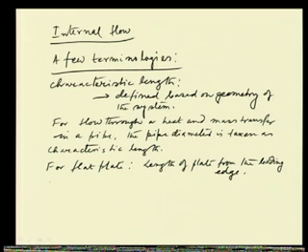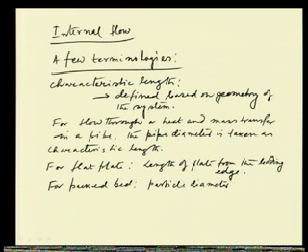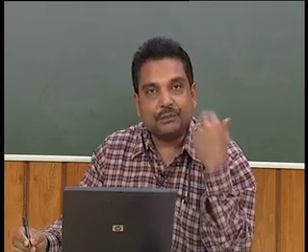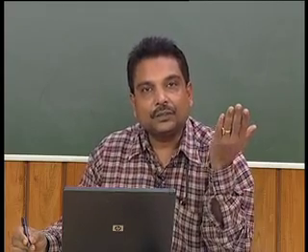Similarly, for flow through a packed bed, the particle diameter is used as the characteristic length. So, this way we can have different characteristic lengths for different situations.